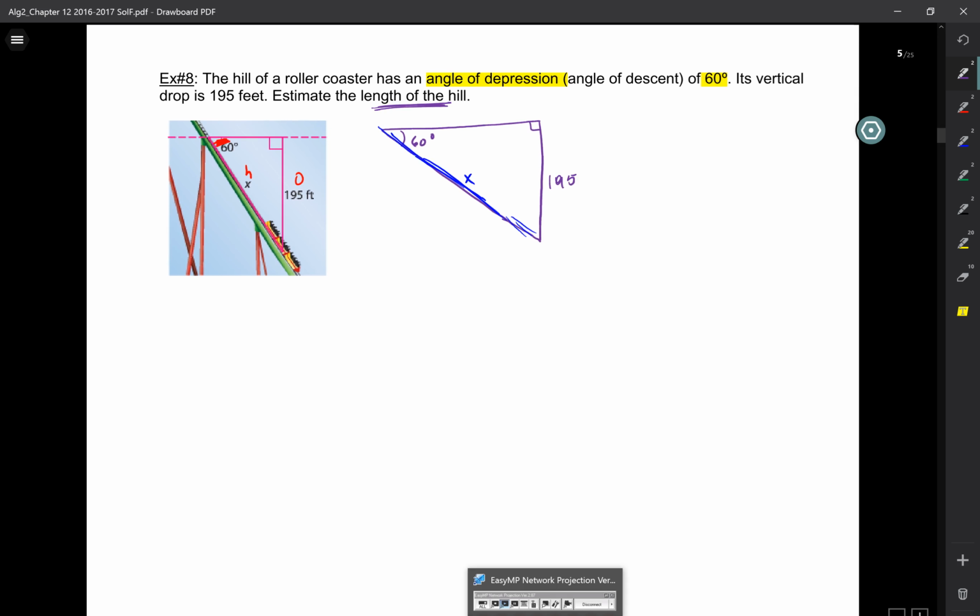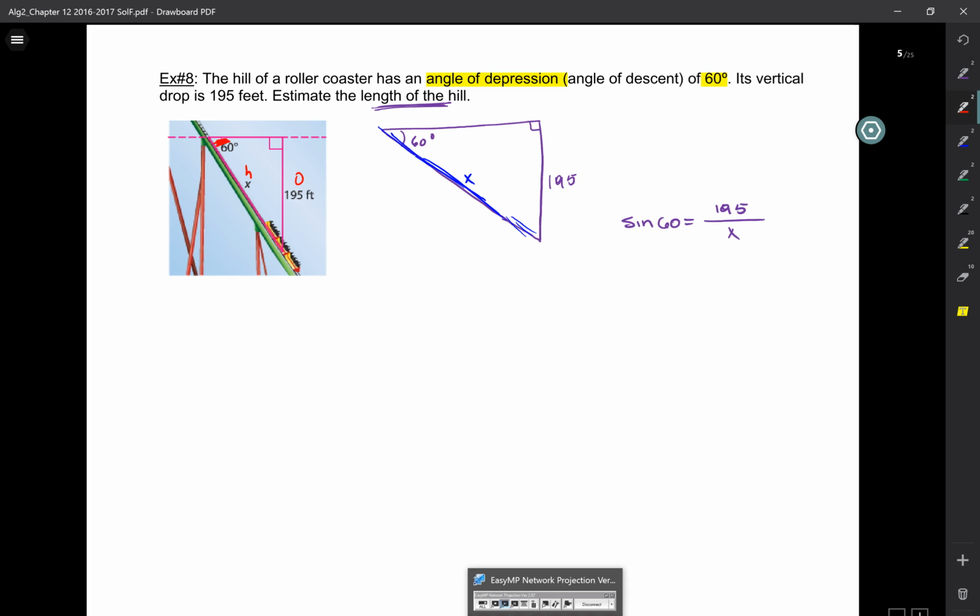Okay. So I say sine of 60 is equal to 195 over x. Okay, so now how would I solve this? Because there's a long way and a short way. Suppose it wasn't sine of 60 though. The sine of 60, by the way, is root 3 over 2, not 1/2.